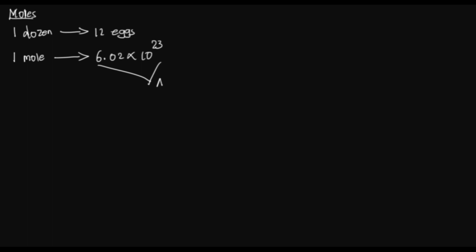So Avogadro's constant number is denoted by capital letter N and the capital letter A as a subscript.